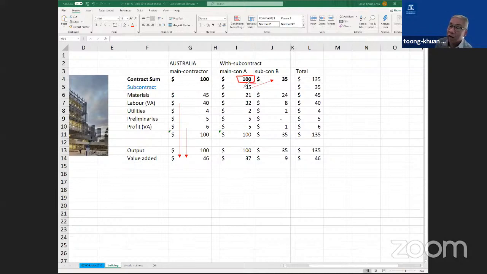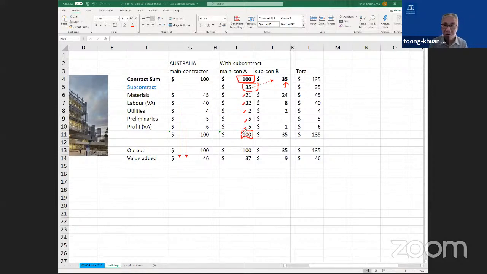They subcontract 35 million to subcontractor B. Because they have subcontracted 35 million of the work, the materials will be reduced, the labor costs will be reduced, utilities is reduced, preliminaries sometimes remain the same, profit is reduced, and the total contract sum is still 100 million, right?